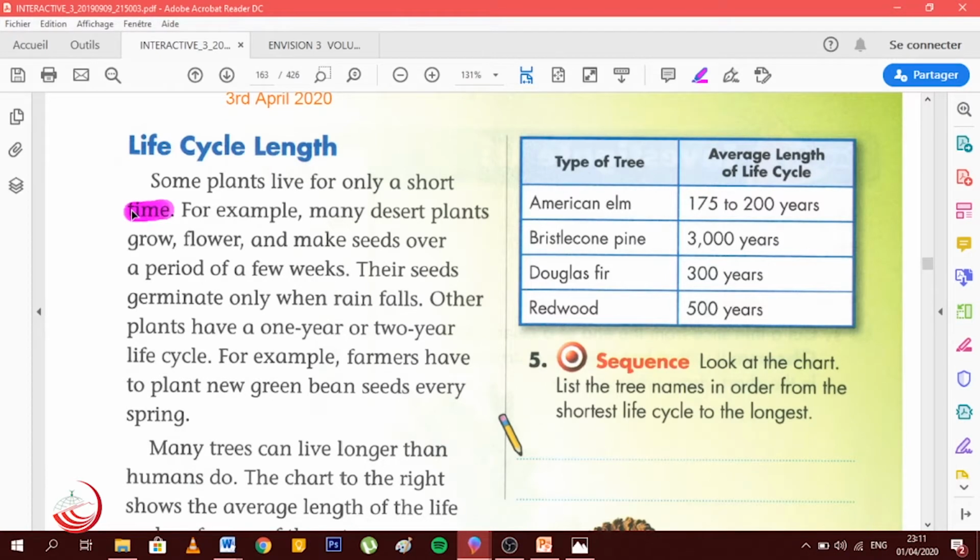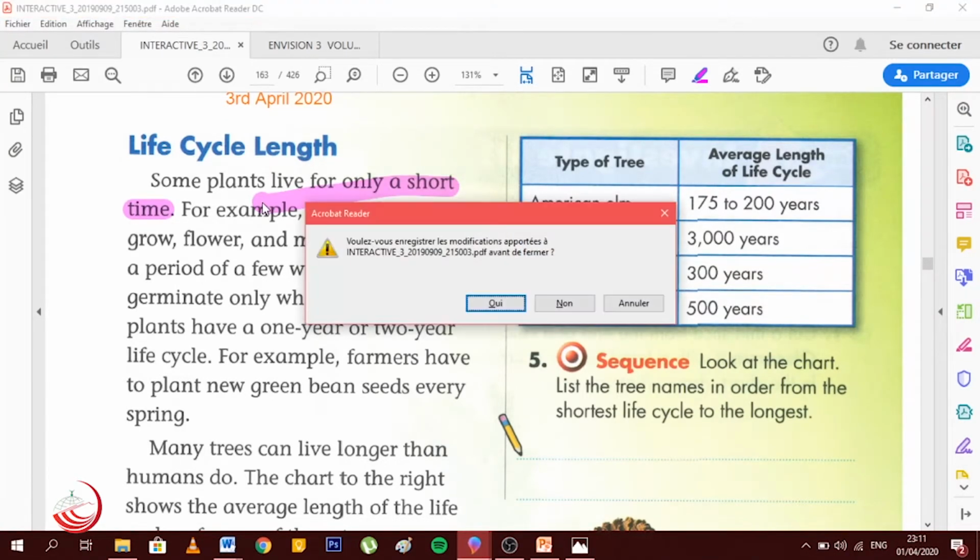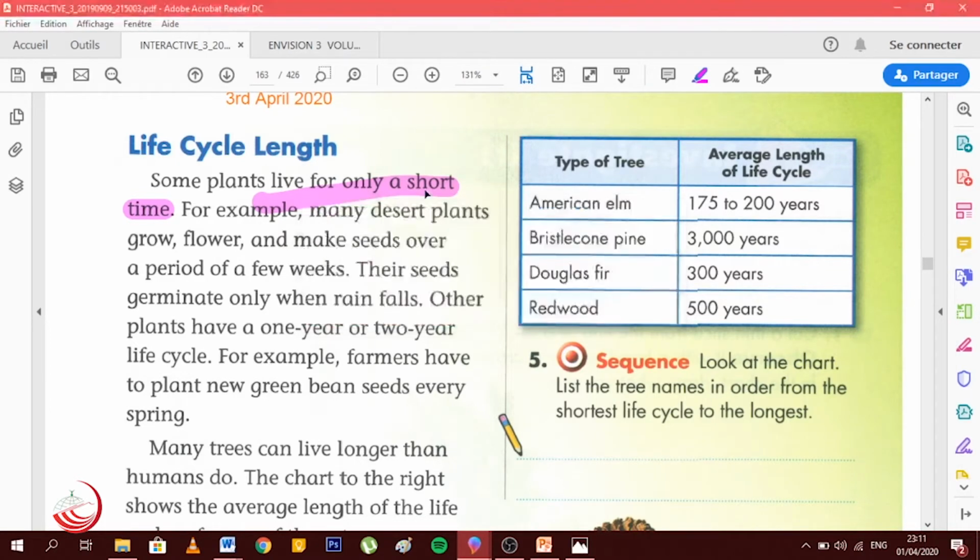So we've got some plants that have a really short life cycle. For example, many desert plants grow, flower and make seeds over a period of a few weeks.